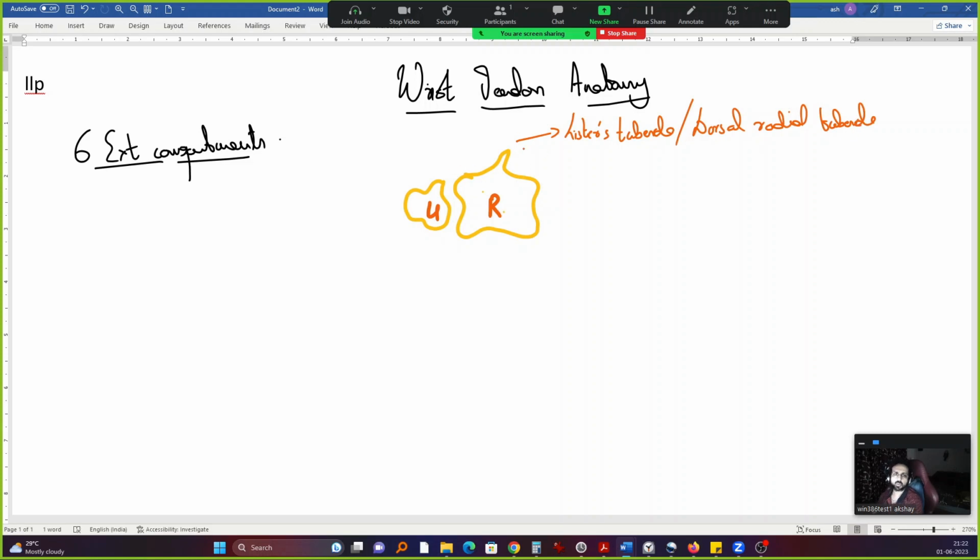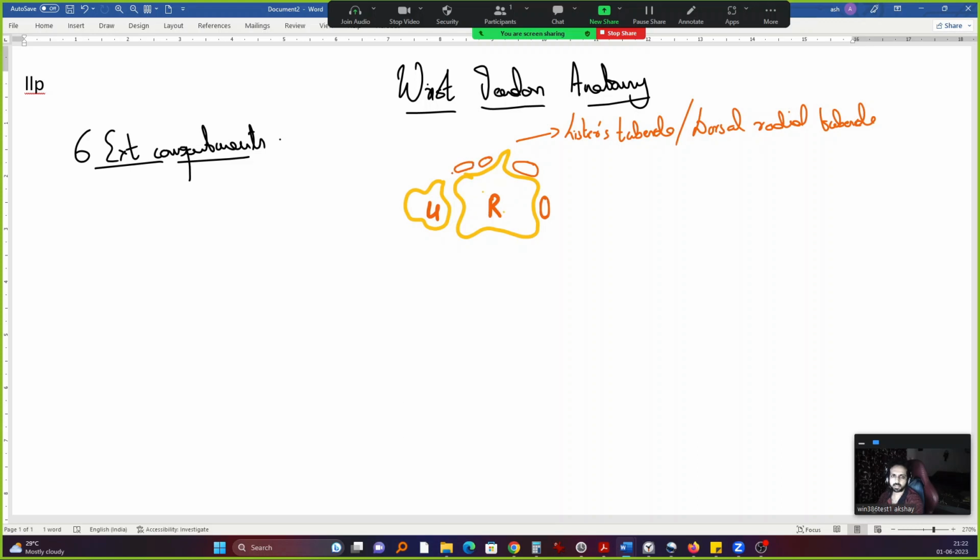On either side of the Lister's tubercle there are extensor compartments, not ligaments. The tendon will go inside the extensor compartment. This is the first extensor compartment, then comes the second one, and two on the other side, one over here and one over here.